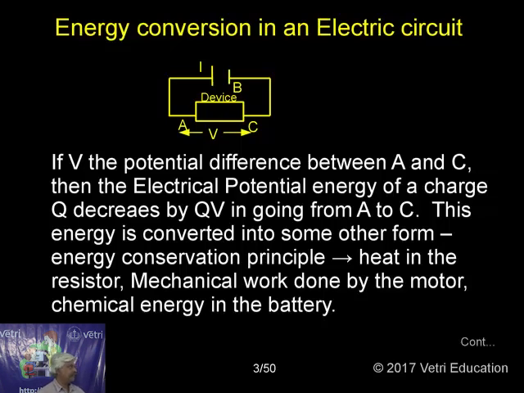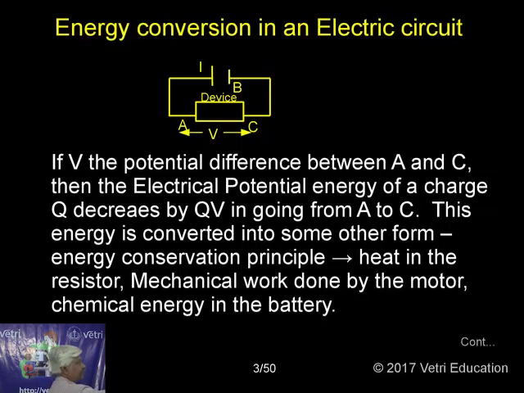What happens? There is a potential difference between A and C. We know whenever current flows through a conductor, a potential difference is developed. Let the potential difference developed here be V. When the potential difference develops, the potential energy of a charge Q decreases by QV. What is potential energy? Energy is stored because of the potential difference. The potential energy decreases by QV.